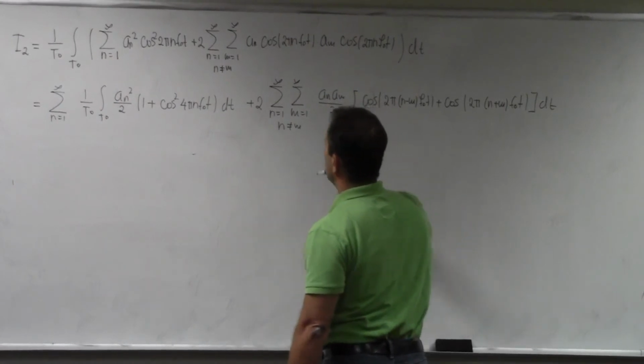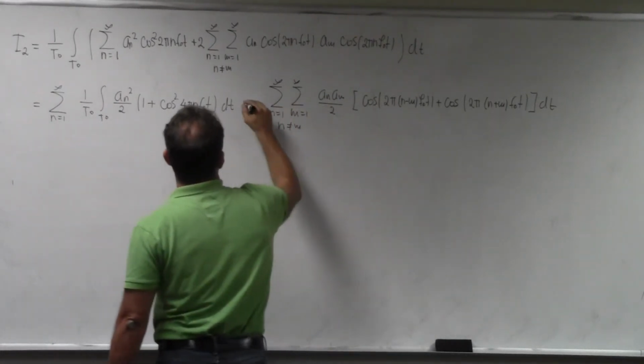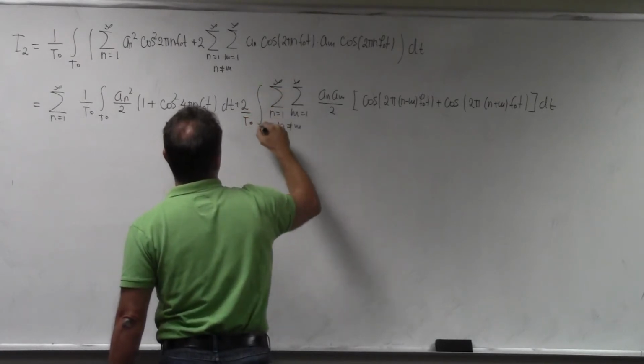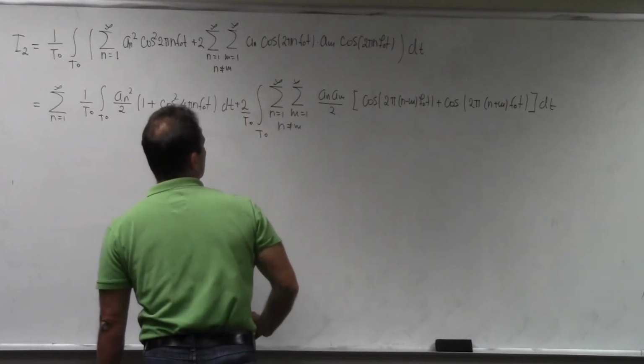Right? And there is somewhere integral here, right? So plus 2 over t0 integral over t0.